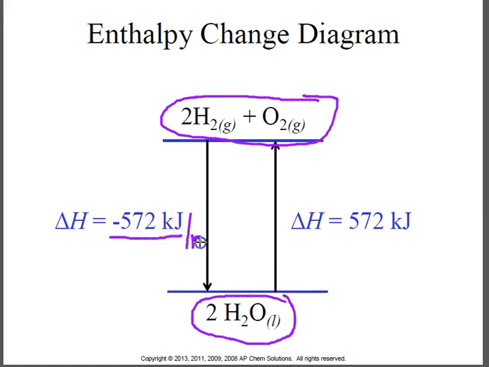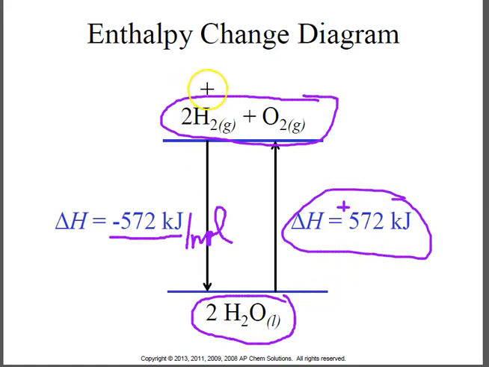However, if we wanted to take that water, which has less potential energy, and produce the hydrogen and oxygen, we would have to go back up the hill, so to speak, and so we would have to put in that much energy, and so that's a positive. So opposite reactions, that's just a flipping of the same process, are going to have the same value for our delta H, but with an opposite sign.